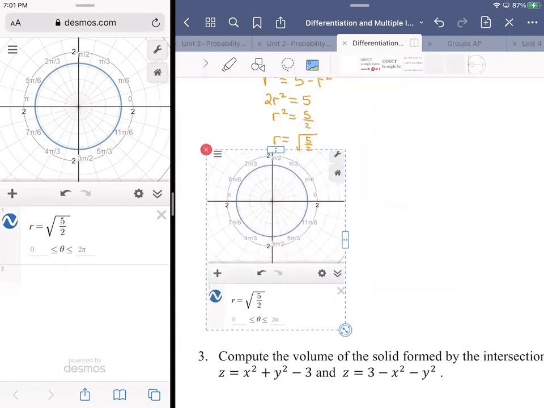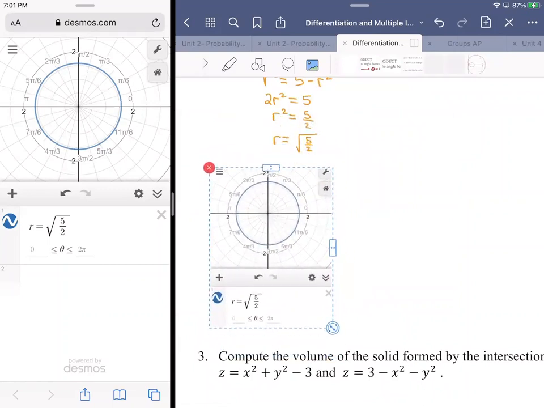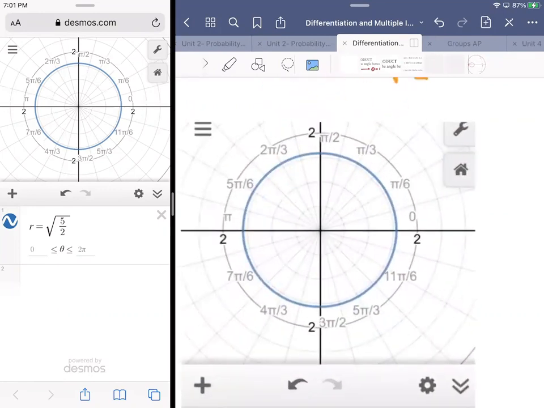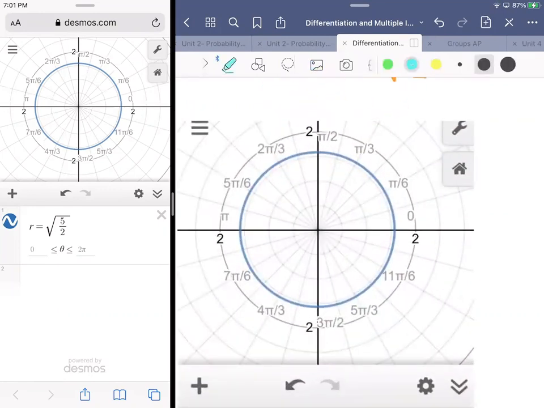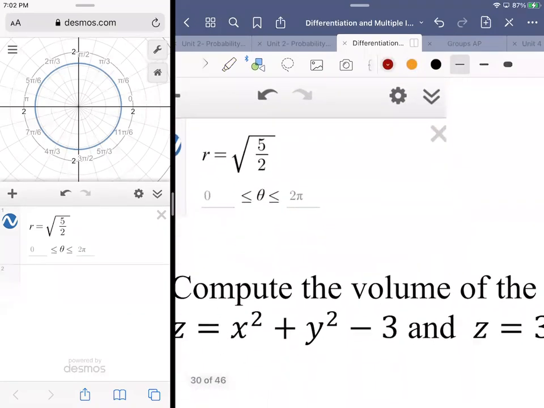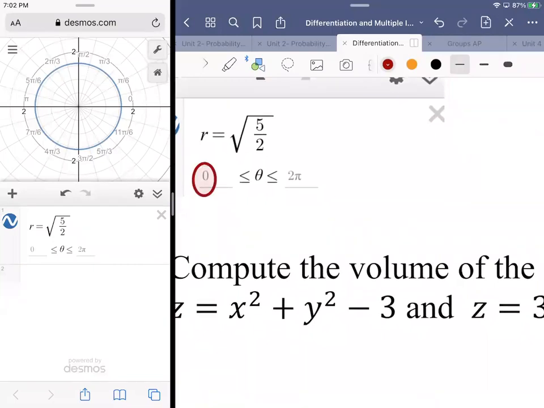All right, I'm not going to draw the rings here. It's just going to be a disaster. So what I'm going to do is just shade it all in. A lot of whooshing. But then in terms of the angular measure, it appears that we are starting at 0 and going to 2 pi.